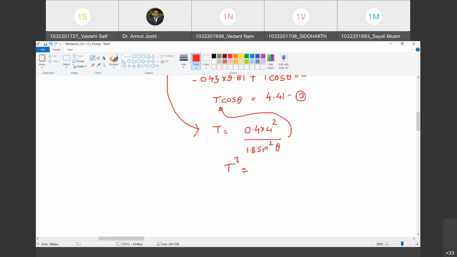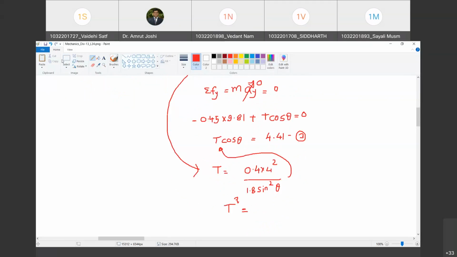So what do I get? 0.4 into 4 square upon 1.8 sine square theta, into cos theta is equal to 4.41. This equation now can be readily solved on a calculator as it is. So let us solve it quickly.